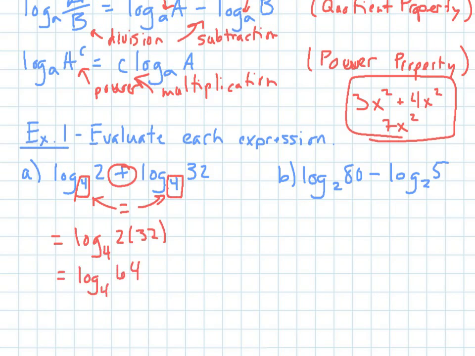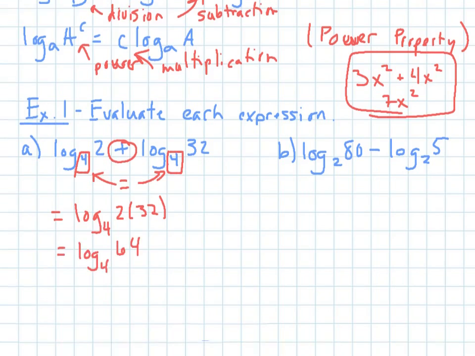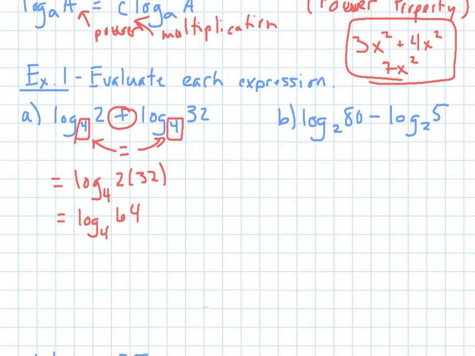And here, if I use some other properties that I've used before, let's say log of 64, we can also rewrite that as 4 to the third power, base 4. Okay? I can rewrite my numbers as I see fit to match.